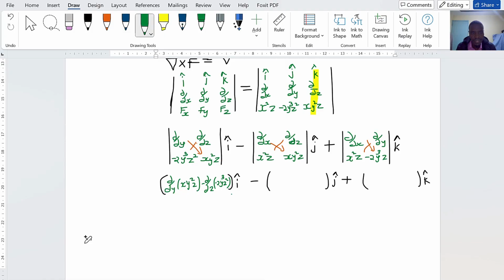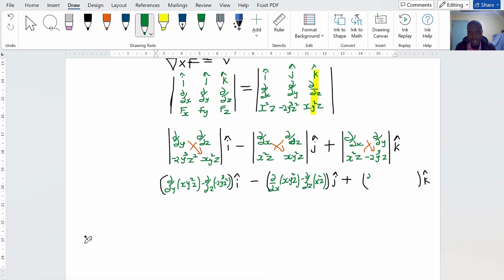And then let's move to the next: d over dx into x y squared z, minus d over dz into x squared z. So cross multiplying, d over dz x squared z.